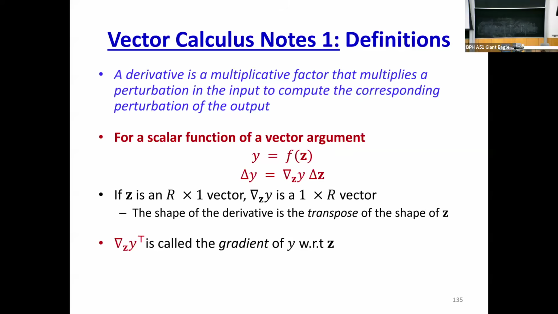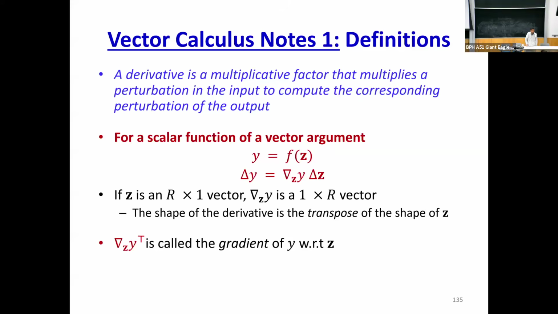It's there. The next one, I'm not going to actually show you the slide first. Suppose I have y equals f of z, but y is a vector also, and z is a column vector. Then how could I write this?